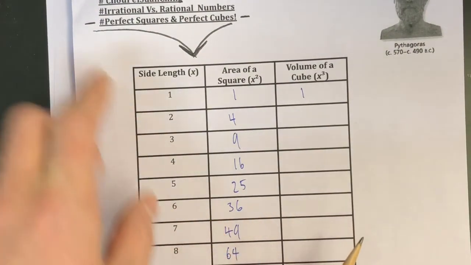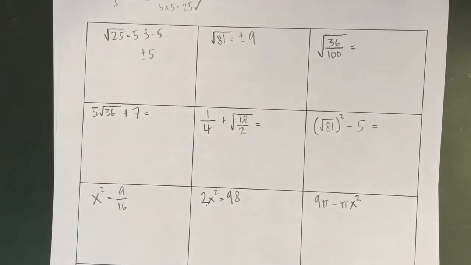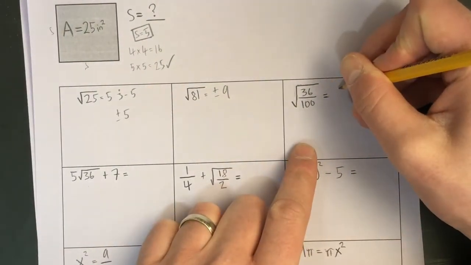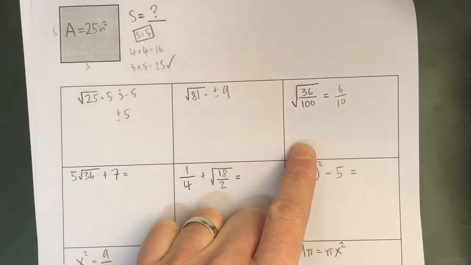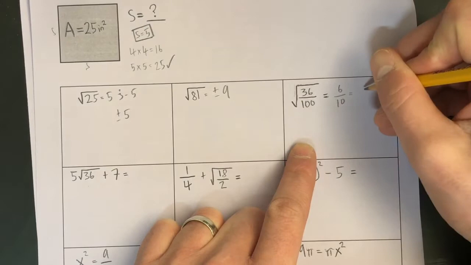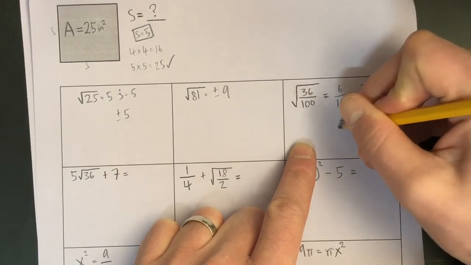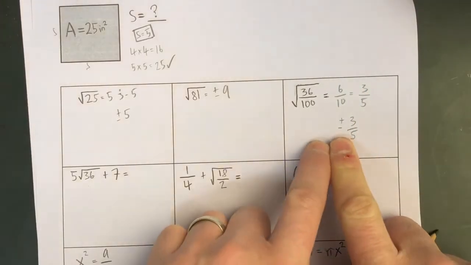That is 6. I also have 100. That is 10. So my square root here, if I treat the numerator and denominator separately, I get 6/10, which I can reduce to 3/5. And I have to make sure I want the positive and the negative square root, because there's both.